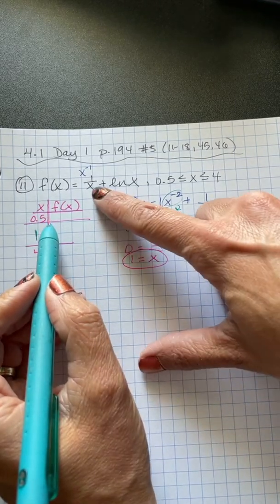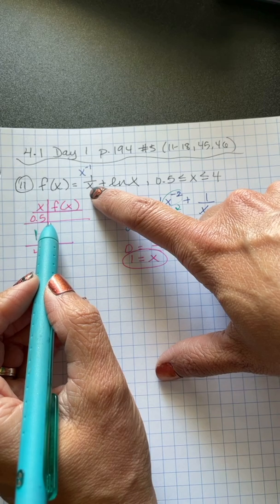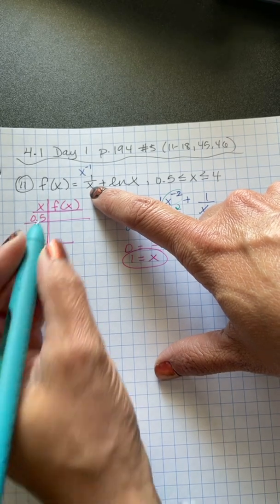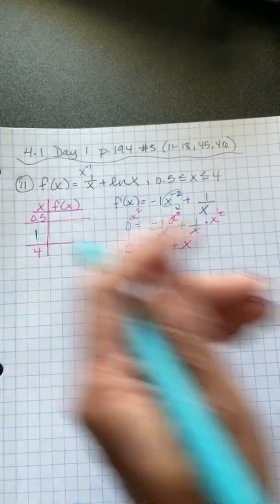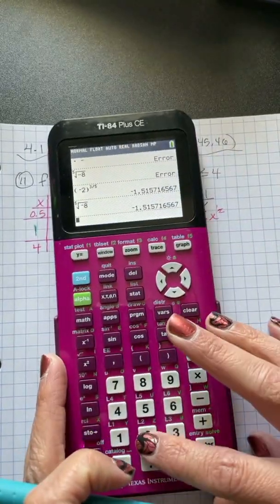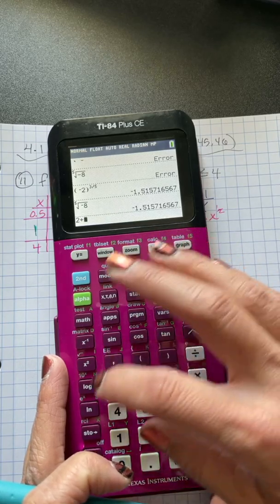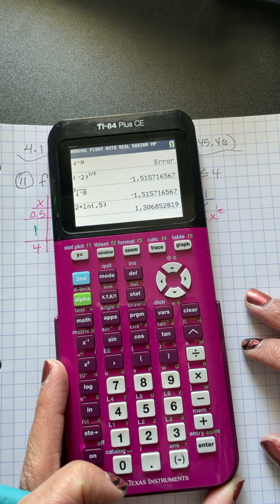If I plug in a 0.5 for x, 1 divided by 1/2 is what, 2? And then 2 plus the natural log of 0.5. So I just want to find the decimal. Let's do that. So 2 plus the natural log of 0.5 is 1.307.